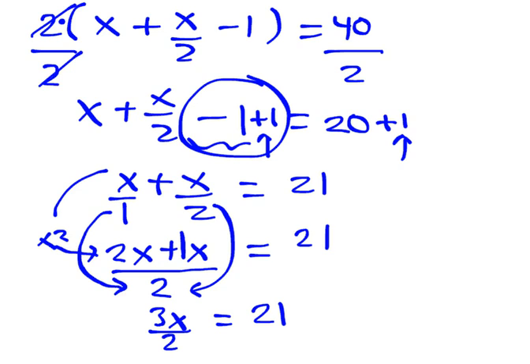Now I need to get rid of the 3 and the 2 next to my x. I'm just going to take a new page so I have more room to show you. So I am at this point: 3x over 2 is equal to 21. How do you get rid of divided by 2? What's the opposite of dividing by 2?